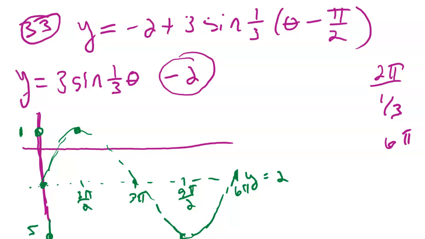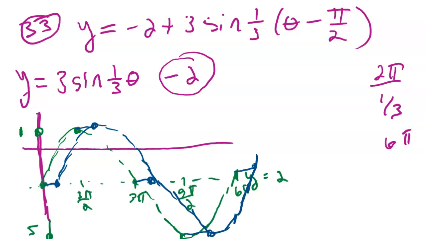So I'm going to move about that much, maybe a little bit less. So we move that much, that much, that much, that much, and that much. And so my transformed graph, for the most part, looks okay. Somewhat the same distance, but this is -2 plus 3 sine of 1/3 theta minus pi over 2.